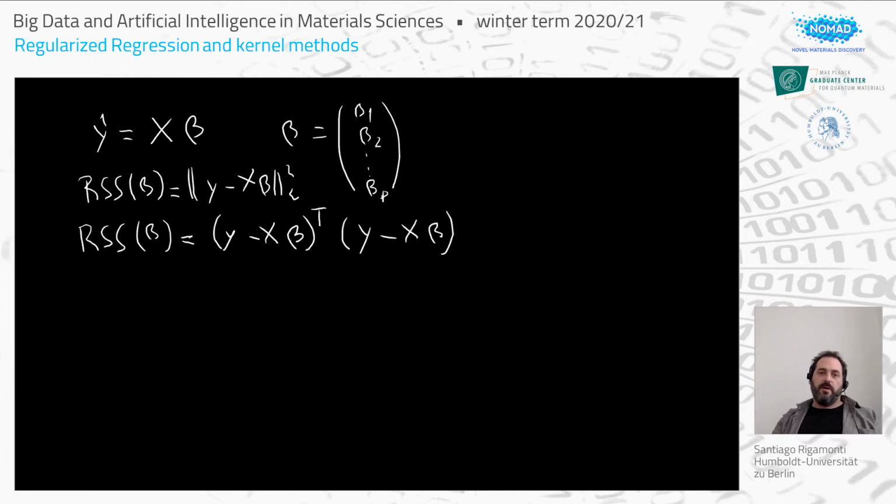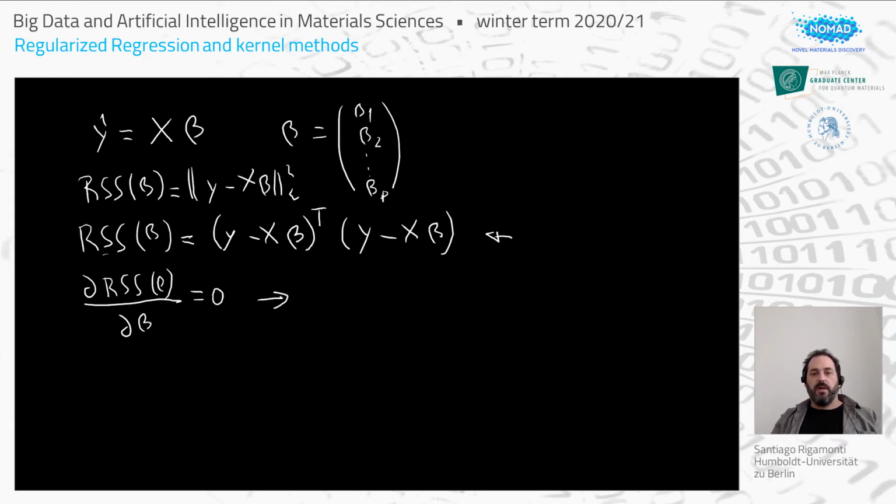So in order to find the optimal beta which minimizes the residual sum of squares, we have to actually calculate the gradient with respect to the variable beta and equate this to 0.